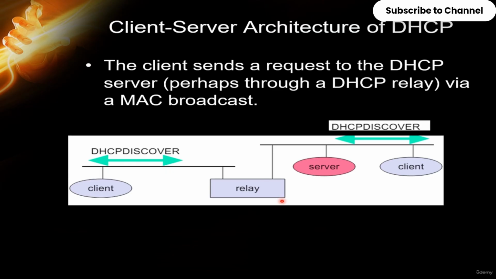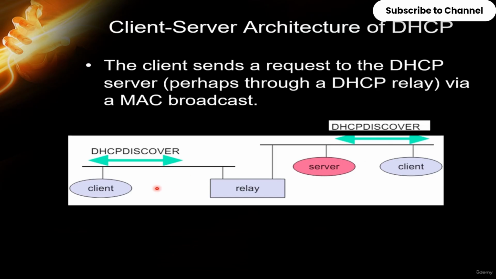After receiving it, the client contacts the particular DHCP server and makes a further request for the configuration it needs. After that, the requested configuration is sent to the client by the DHCP server, and the server acknowledges the request.